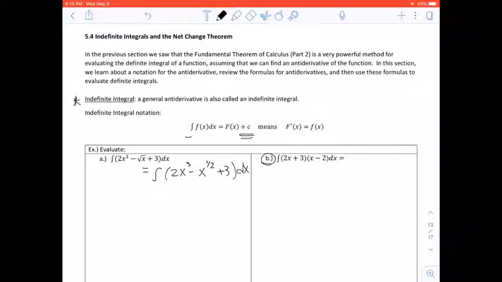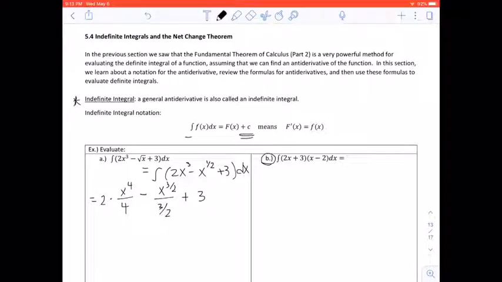And so we're going to take the 2 out in front, that's just a constant. I'm going to add 1 to my exponent and divide by that same number, minus, add 1 to my exponent and divide by that same number. Again, if you prefer, you can rewrite this as multiplied by the reciprocal, plus 3.